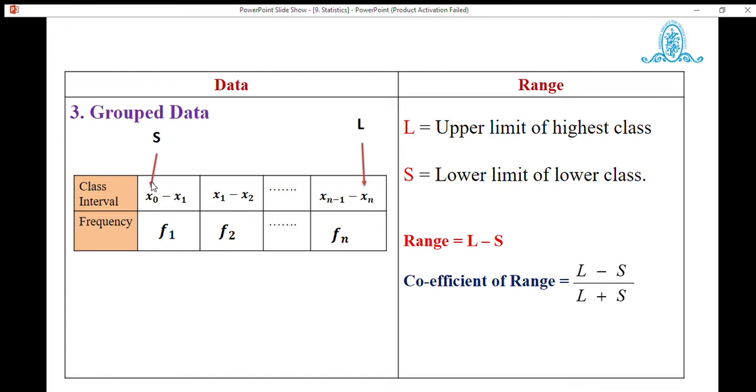The concept is the same, largest minus smallest; only which values to consider, we have to remember. Largest value means the upper limit of the last class, S means the lower limit of the first class. Again, for the coefficient of range, after identifying L and S, substitute the values in the coefficient of range formula and calculate it.